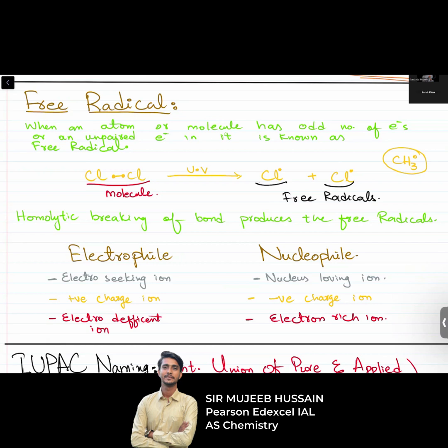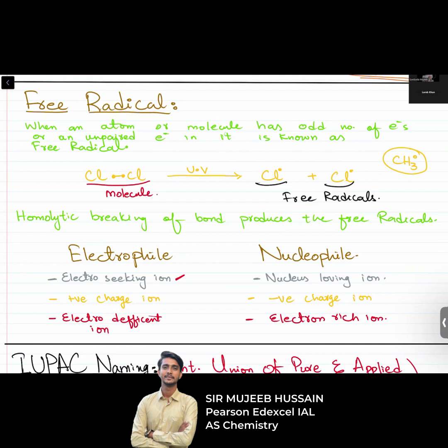Is it clear? We have two different types of ions as well. One is known as electrophilic and the other is known as nucleophilic. Electrophilic are known as what? Electrophilic ions are basically the electron seeking ions. They are majorly positively charged ions, okay? They go for the sites of an atom where they will be gaining electrons.